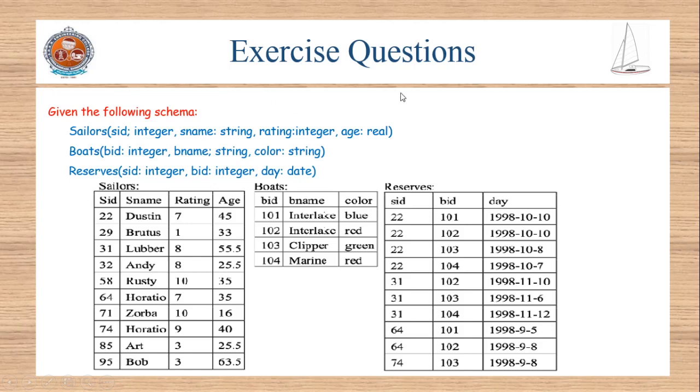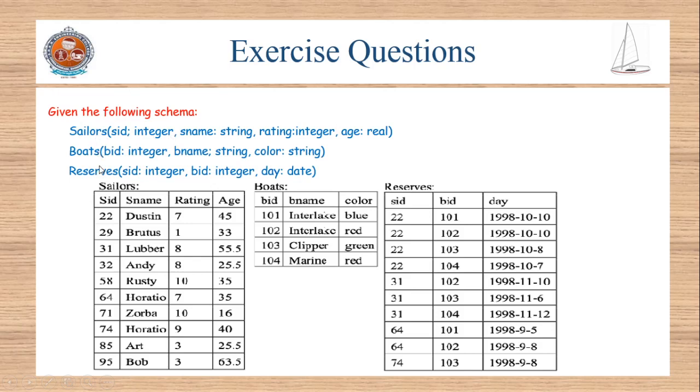And here there are 10 exercise questions given to you, for which you have to write the relational algebra expressions for the queries considering these three relations. We are taking three relations named sailors, boats, and reserves, and this is the schema of these relations.